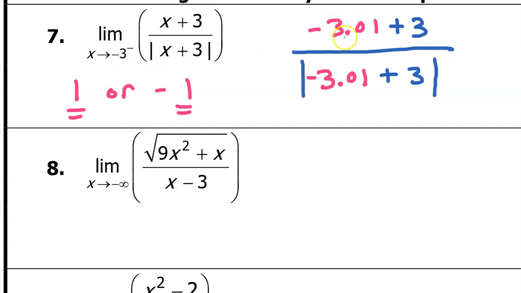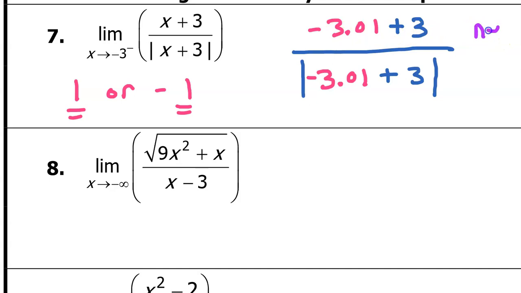So a little bit to the left of negative 3, I have negative 3.01 plus 3 divided by the absolute value of negative 3.01 plus 3. This is either going to be 1 or negative 1. And all that matters is, is the numerator going to be negative or positive? Well, negative 3.01 plus 3 is a negative number because the negative value is a little bit bigger in absolute value than the 3.